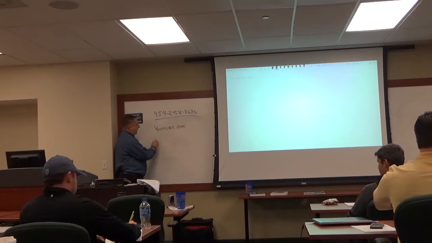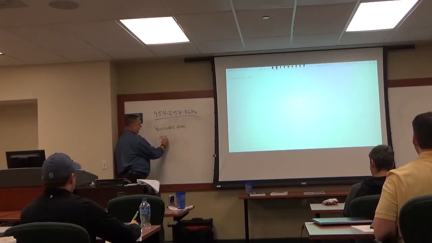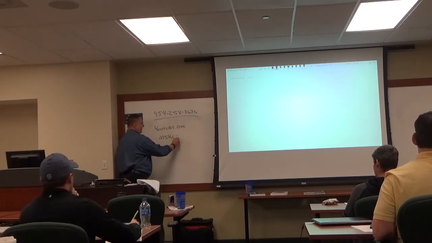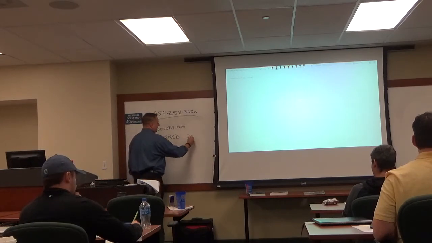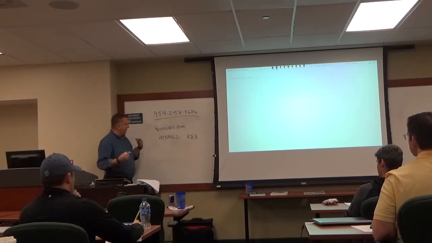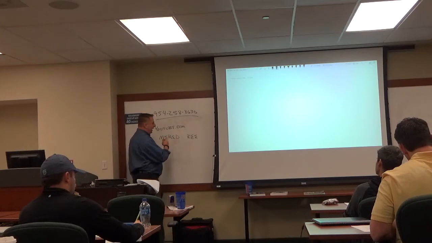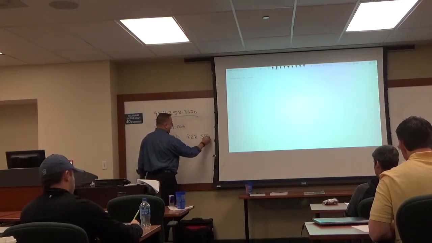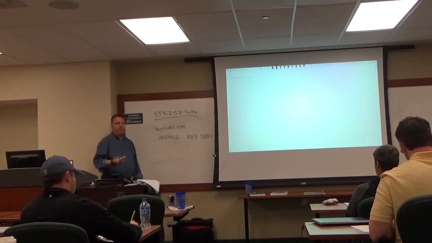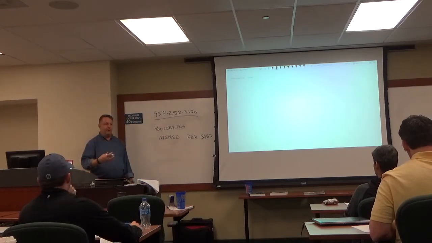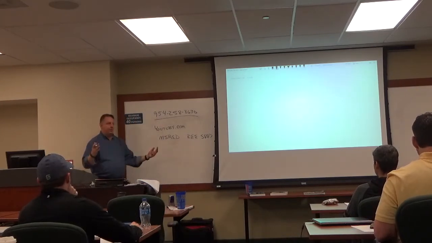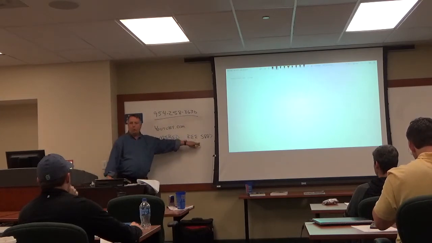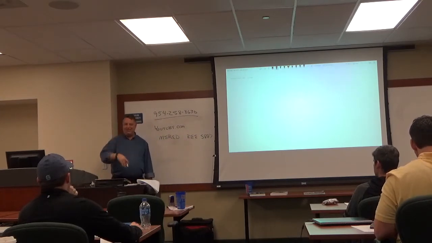Okay, so go to youtube.com and simply type in MSRED REE. And this particular course, the way I've got it organized, you just type in REE 5887 and it will pull up all of the videos for the past 3 years for this course, and they're all sequenced by date.